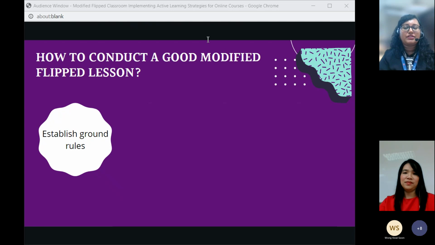So the first thing we need to understand is that students come from school. In school, you know how the lessons are like. Teachers just spoon feed everything. The students just memorize all the content and then sit for the exam. This is a common practice.